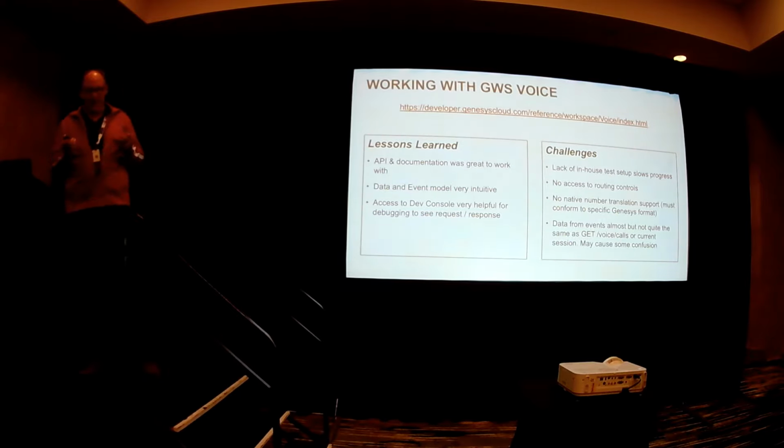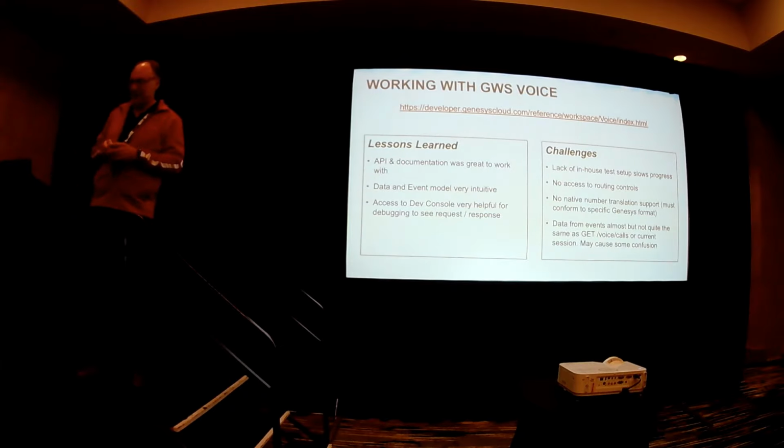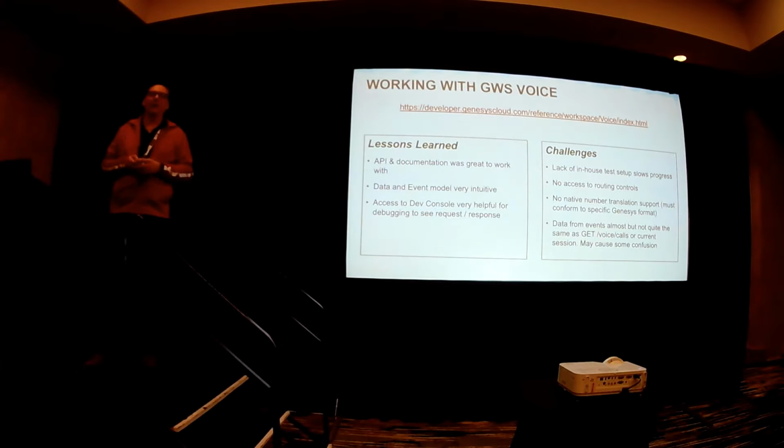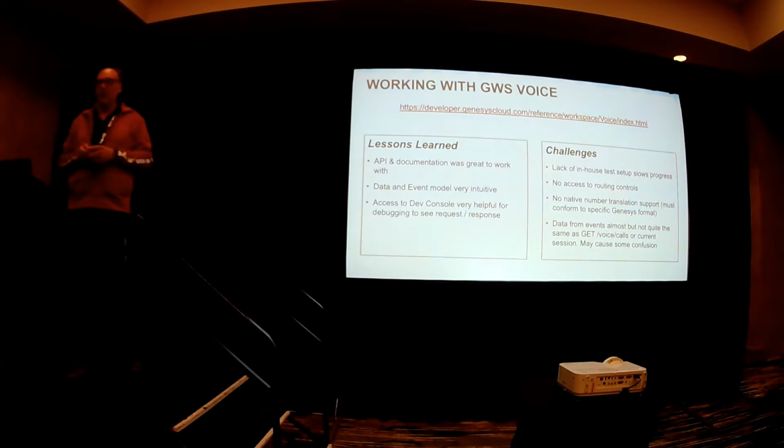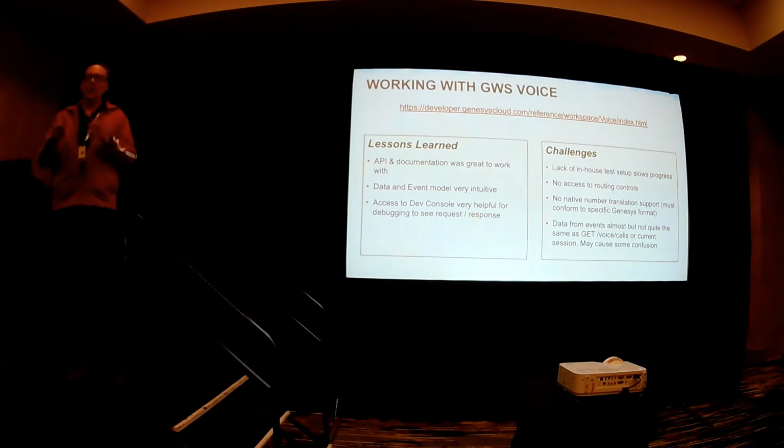An example of some of the challenges that we have with this route is not having access to the routing controls. We have a set of people, developers and testers, who are working on the product, and we weren't able to set up lots of different queues for them to sandbox their work.